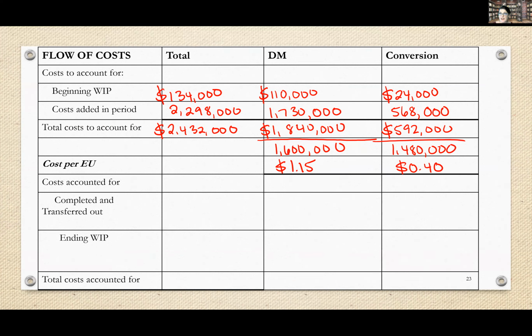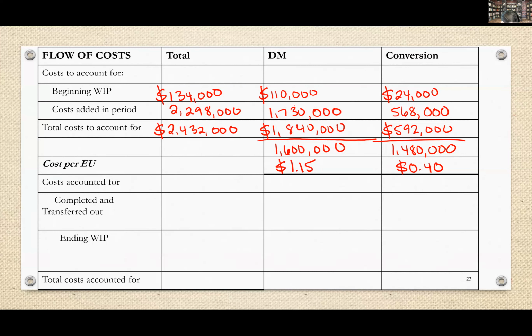Now that I have those numbers, I can now allocate how much of the total work in process cost was transferred to the next process, the next department, and how much has stayed here. So I'm going to come back here, and I'm going to look at my cost to be accounted for. So I know that completed and transferred out. Okay, I'm going to look at the direct materials.